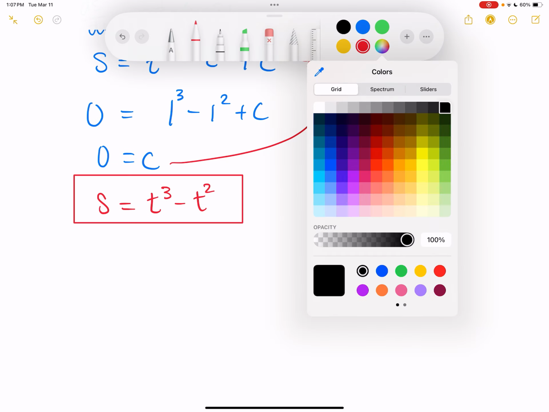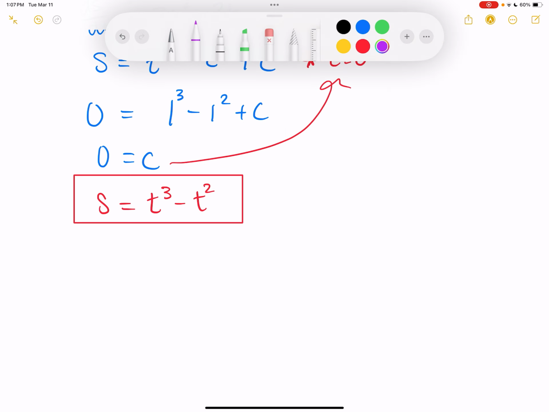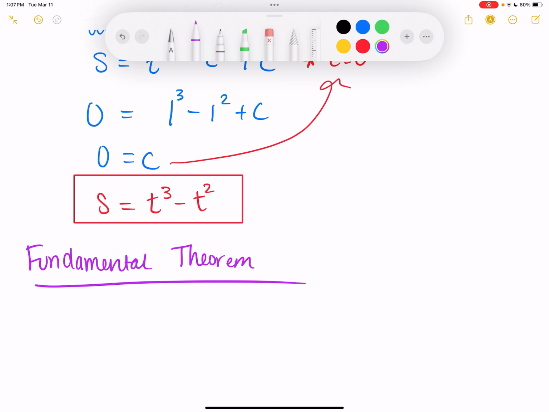It's just been a while since we used it. It's the integral from a to x of f prime of t dt, so f of x minus f of a.